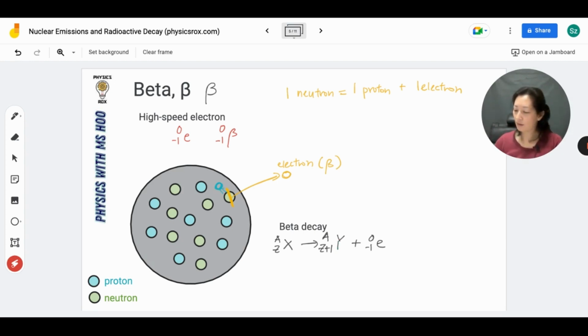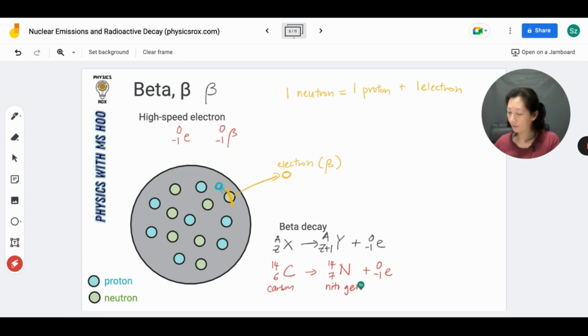To give you a real-life example of a beta source, carbon-14 is a beta source. So I'm going to write here 14, 6, carbon. Carbon-14 will throw out a beta particle to form nitrogen. The number of nucleons for nitrogen will be 14, and the number of protons has increased by 1, so now it is 7.